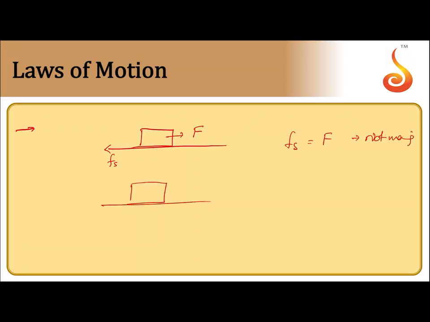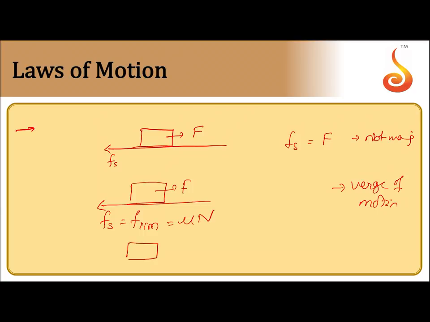Now the object is at the verge of motion. Then static friction is equal to limiting friction, and that limiting friction is equal to mu n.